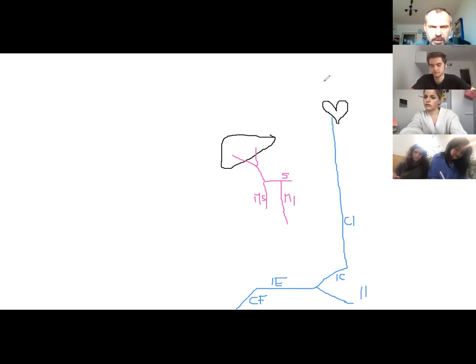And of course we need superior vena cava, and the brachiocephalic, and the subclavian, and the axillary. Okay.